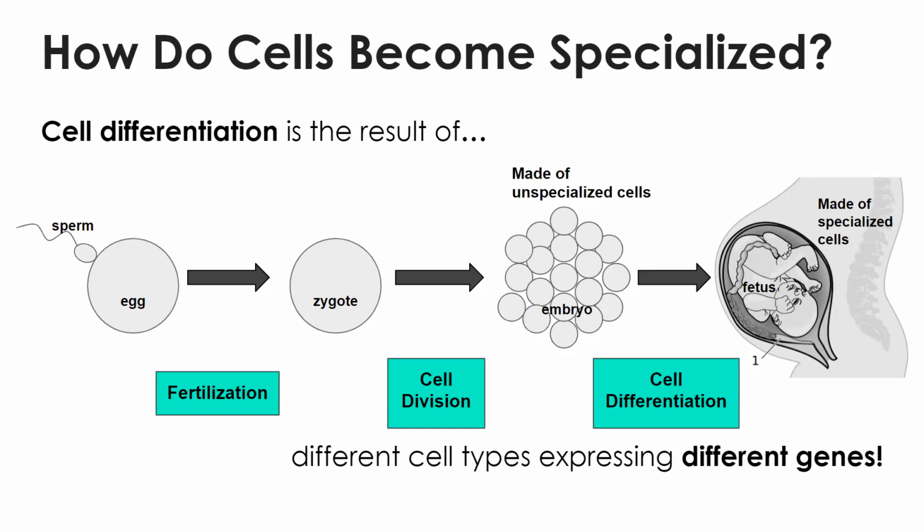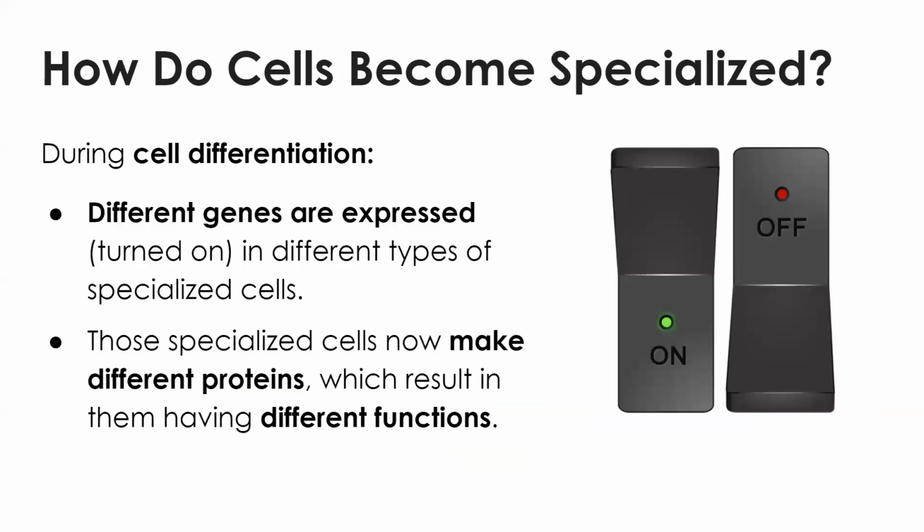So we know that all of our cells have the same DNA, and that all of our cells came from one initial cell. And when those cells divided, they weren't specialized, but then they became specialized by expressing different genes. What does that mean?